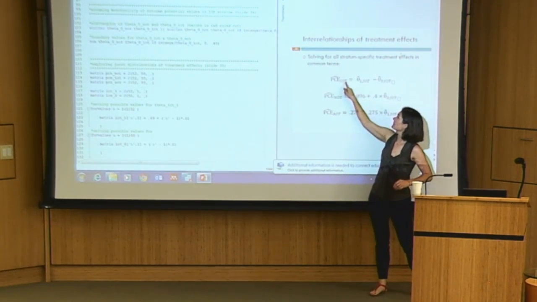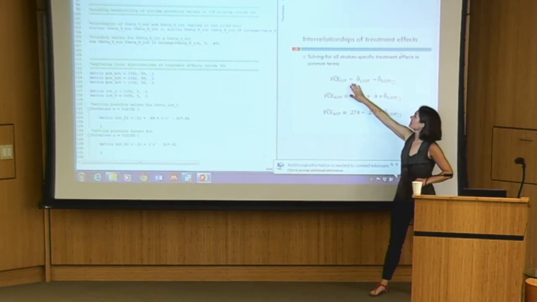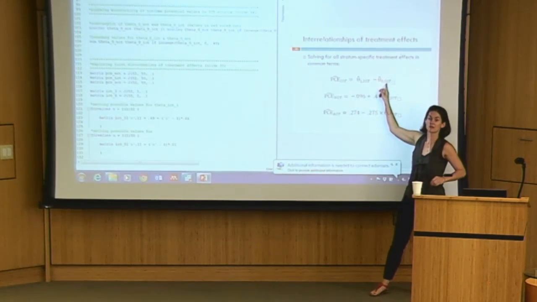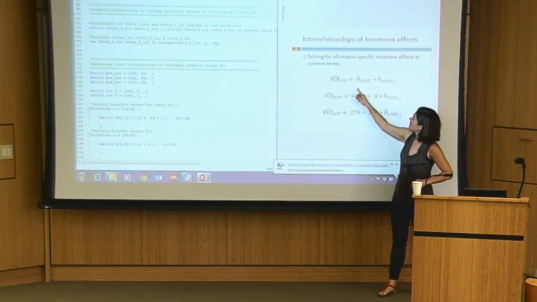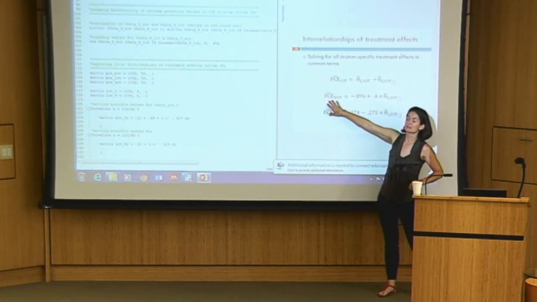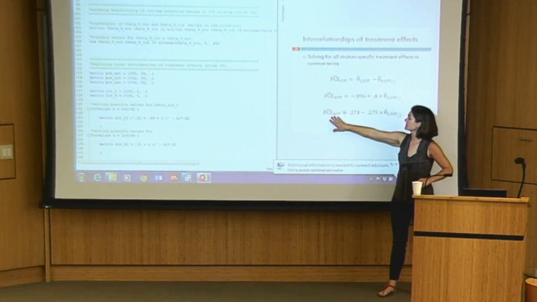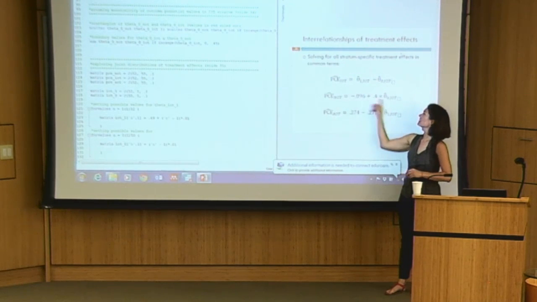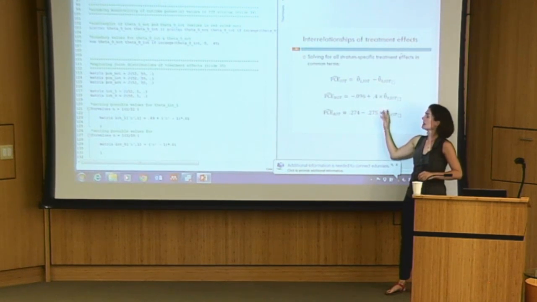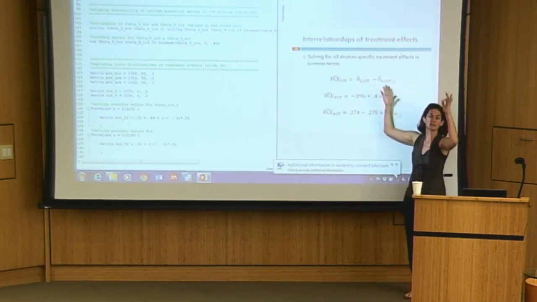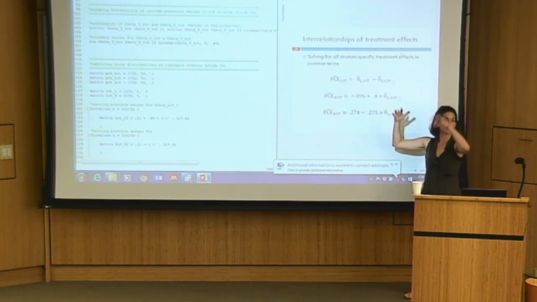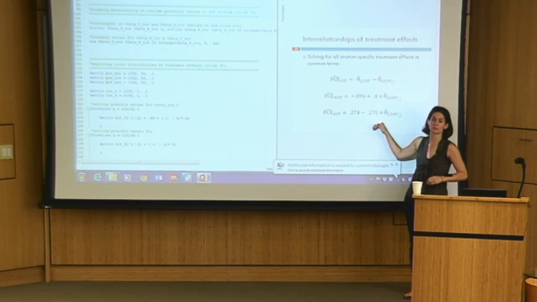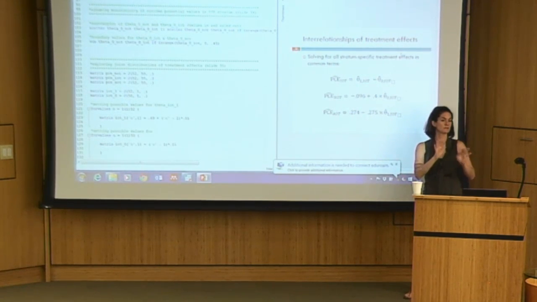So here's the treatment effect for those who are induced on track. That treatment effect is just going to be the difference between the theta 1 IOT and the theta 0 IOT. We can express the principal causal effect for the never on track and the always on track groups also in terms of the theta 0 IOT and the theta 1 IOT. I haven't done the whole derivation of these interrelationships, but you could derive those from the equalities that we've looked at already.